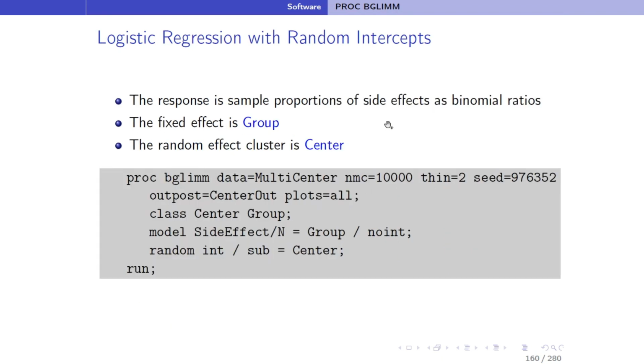So this is the data, and we're going to do a similar logistic regression, but in here we're going to have the side effects / n.